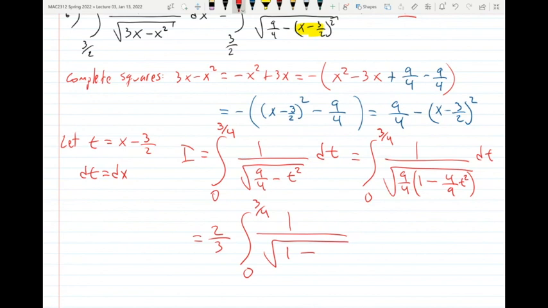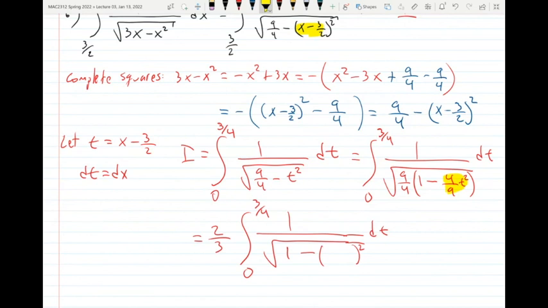Can you tell me what should I put here inside the parentheses? Remember, look at this term over here. You just want to write it as something squared. So what's the something? 2/3 times t. Everybody see that?